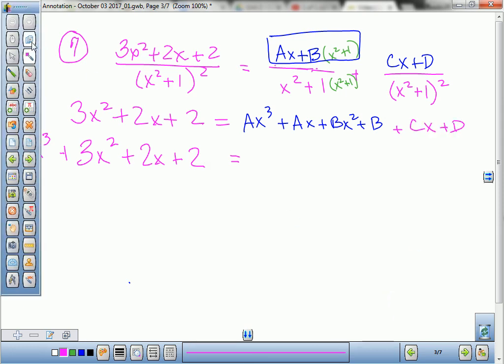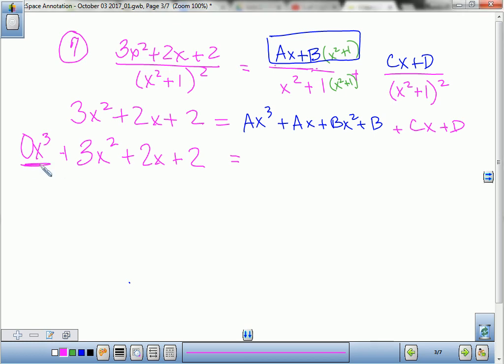Okay? Now, if I had written this out at the front of this numerator, would you have known what to do? Yeah. There is no cube term. So when we start putting them together, we automatically know A is 0. Okay? Now we'll put our square terms together. Oh, that's it. So now we know that B equals 3.